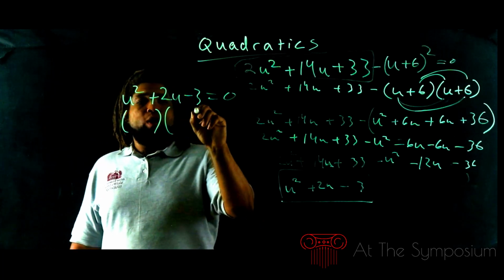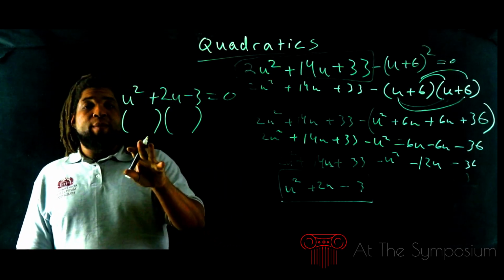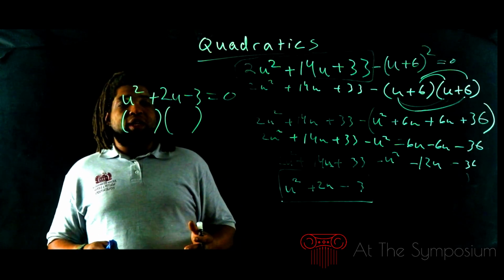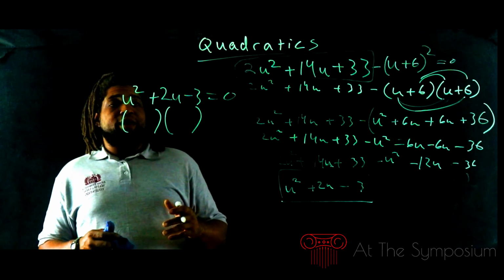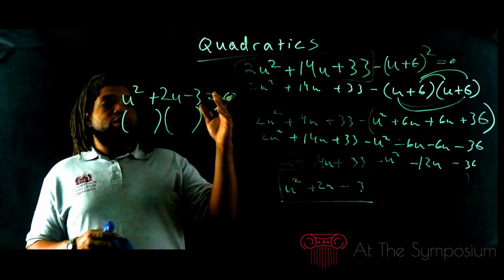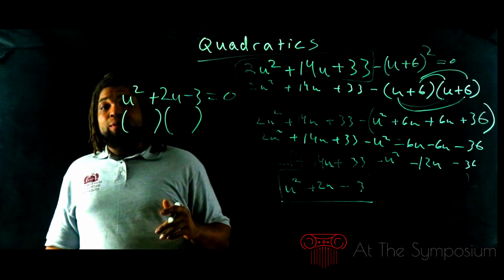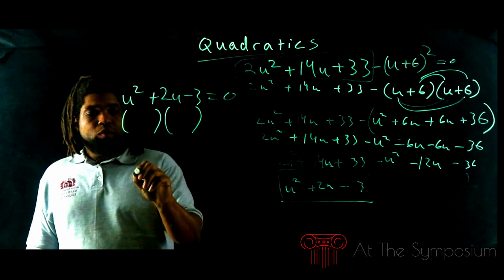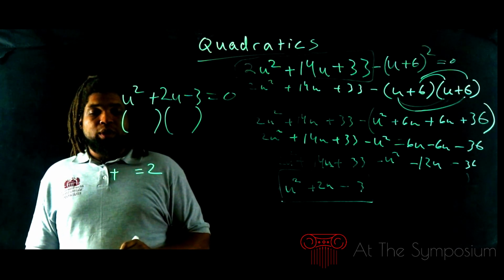Again, when we're dealing with a quadratic, we know we're going to have two sets of answers that are going to come out of our parentheses. And the reason we have two sets of answers is because we're going to factor this out. This is called factoring out. We're going to factor out the 2u minus 3. So again, the question we're going to ask is, what two numbers equal 2?